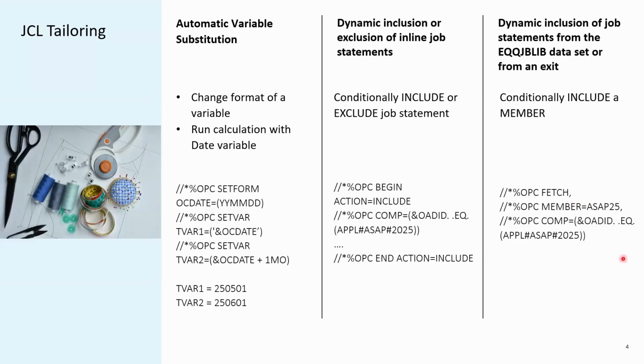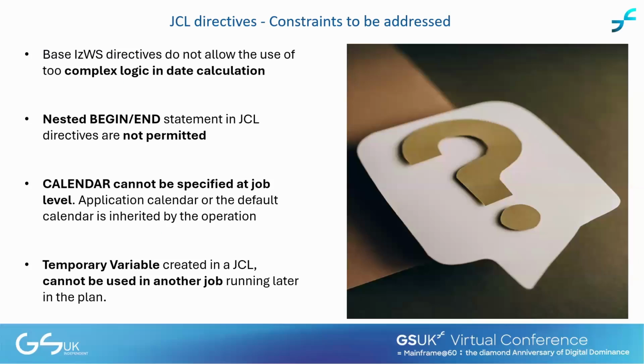These JCL directives make JCL more flexible, especially when creating dynamic and reusable jobs. But they come with some limitations. Even though they're very useful, I'll go through some of the common limitations that they have.